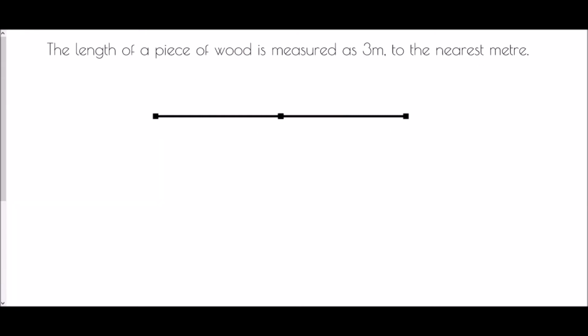The length of a piece of wood is measured as 3 meters to the nearest meter, so that middle value has to be 3. If it's nearest meter, the meter before will be 2 and the meter above will be 4. When we split this in half, what is halfway between 2 and 3? Well, it's a decimal: 2.5.